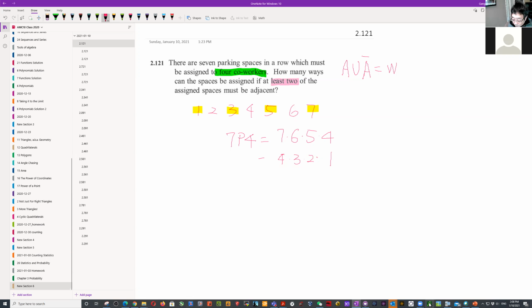So if I do it this way, 7 choose 4 is 7, 6, 5, 4, and 7 choose 4 is equal to 7 choose 3. So 7 times 6 times 5 over 3 times 2 times 1 equals 35.